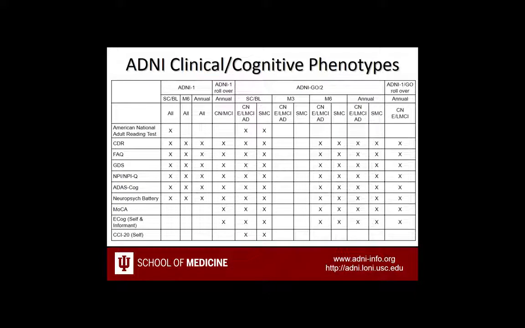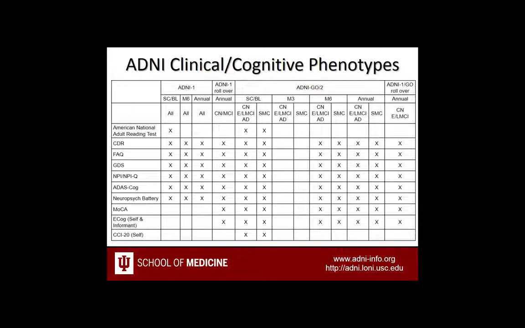So the cognitive phenotypes, which I know is one thing we're going to focus on quite a bit for some of these studies, were done at baseline and then at every visit after that. So whether it be 6 months or annually. And there were a number of different tests done, but a lot of these were very general dementia tests.